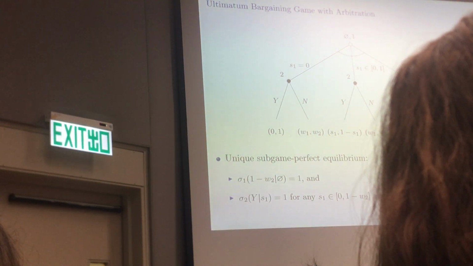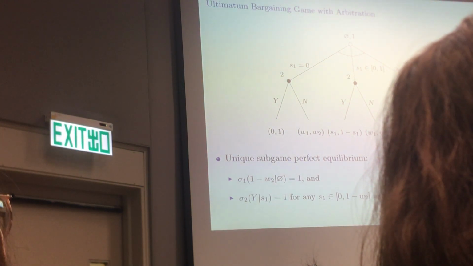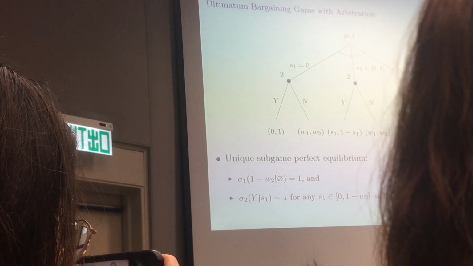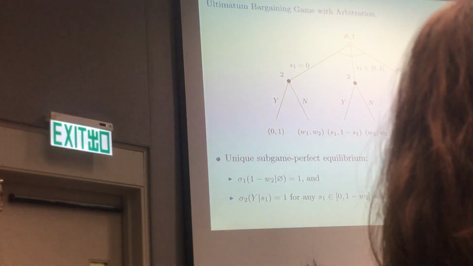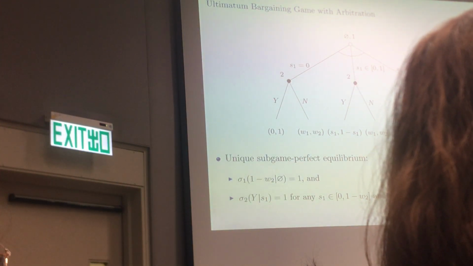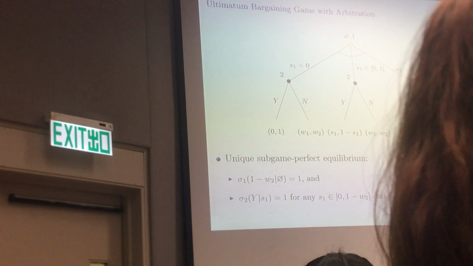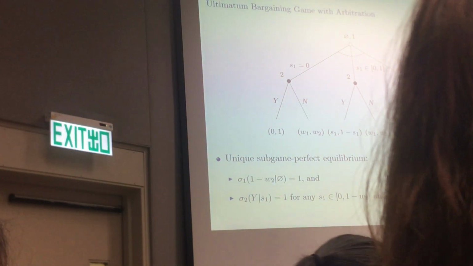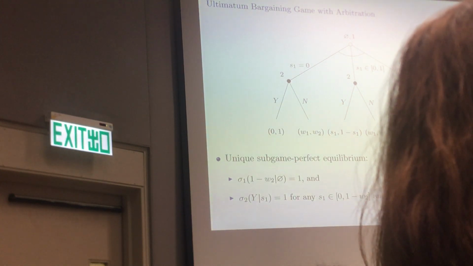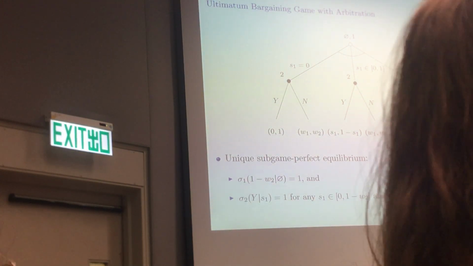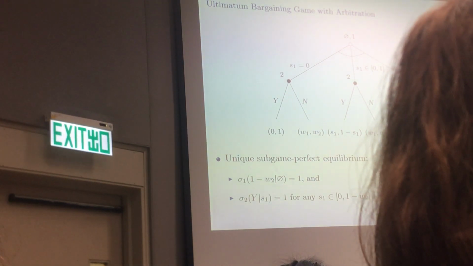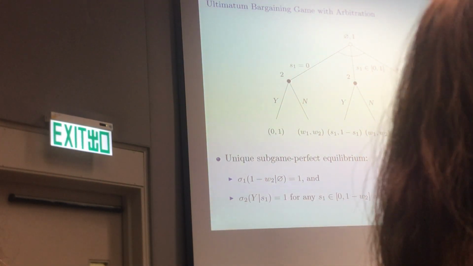As we did for the ultimatum bargaining game without the arbitration process, let's draw the payoff of player 1 for each case. We have U1, the payoff of player 1, on the vertical axis, and S1, the choice of player 1, on the horizontal axis. We have a threshold there, S1 equal to 1 minus W2.